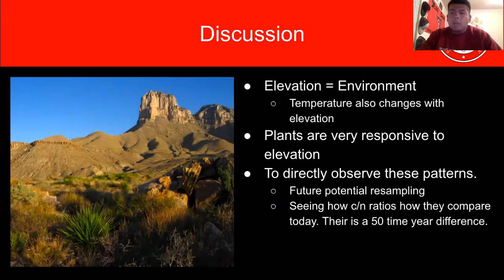But to directly observe these patterns, a possibility would be future resampling of these species, because they were collected in the 1970s and 50 years have passed. So if this is a driving determinant for plant strategies, it would be a great idea to compare the carbon nitrogen ratios in the future to see the responses and the differences.